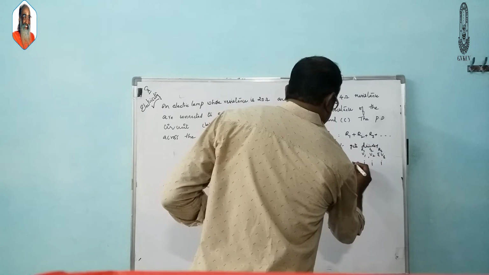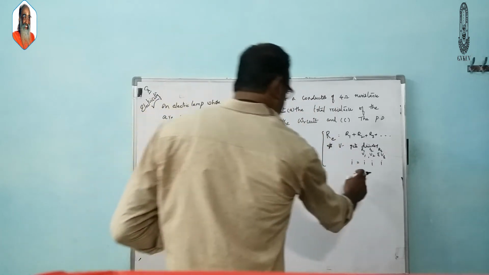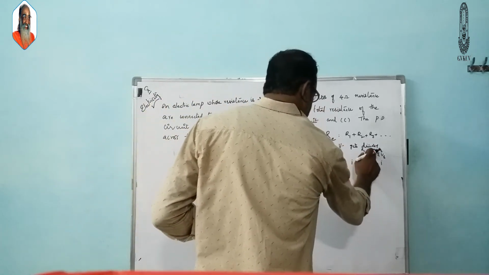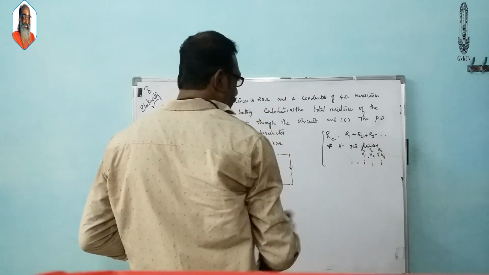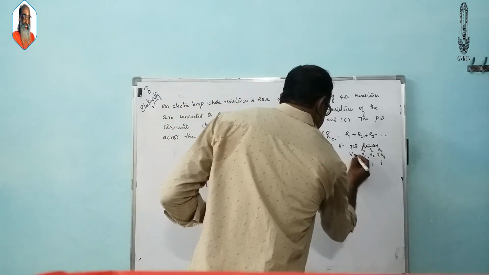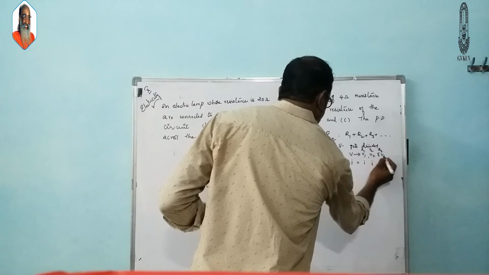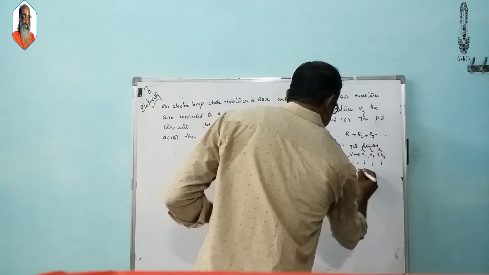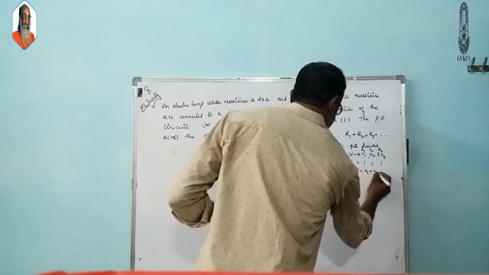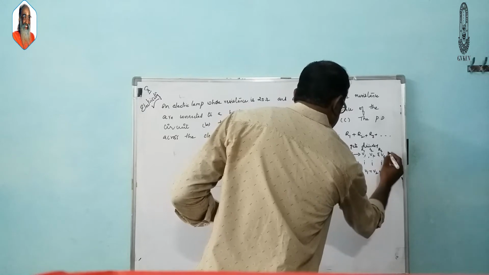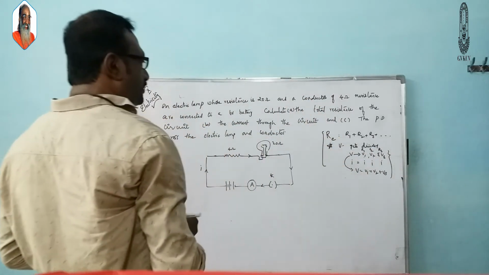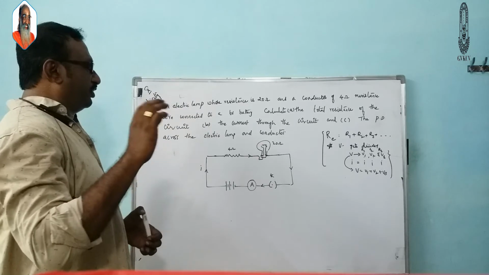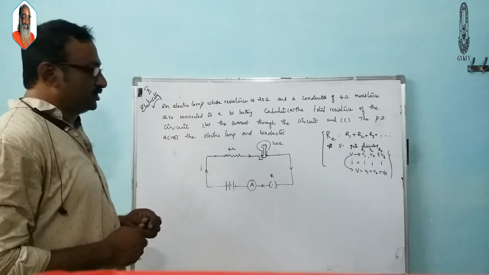So the total current I in the circuit will be equal to I at R1, I at R2 and I at R3, and the potential difference V gets divided into V1, V2 and V3, and V is equal to V1 plus V2 plus V3. So this is the important thing to be kept in mind when we are talking about resistances in series.